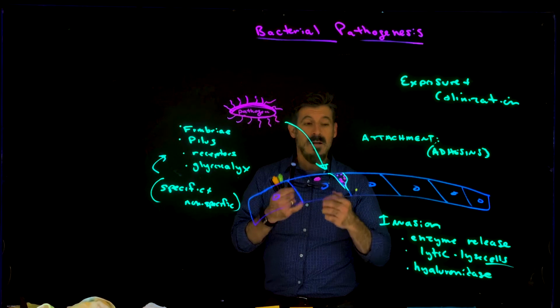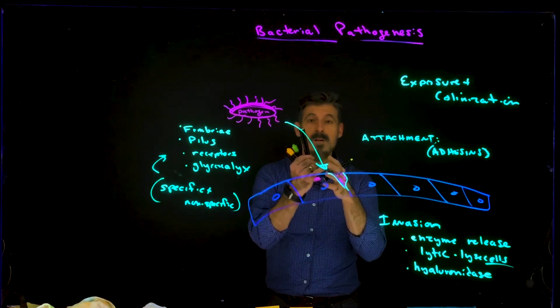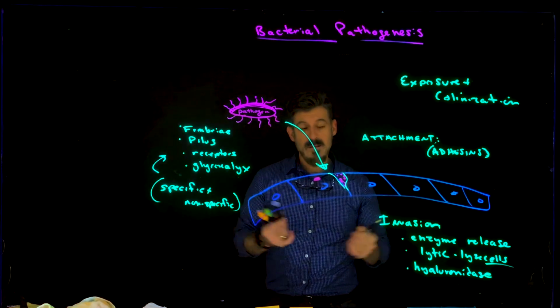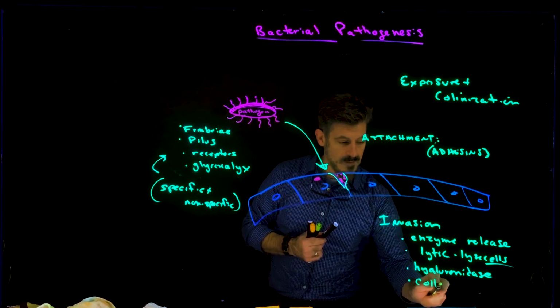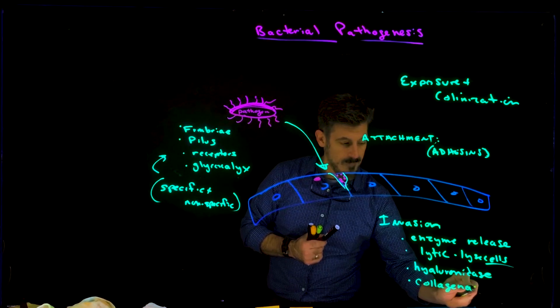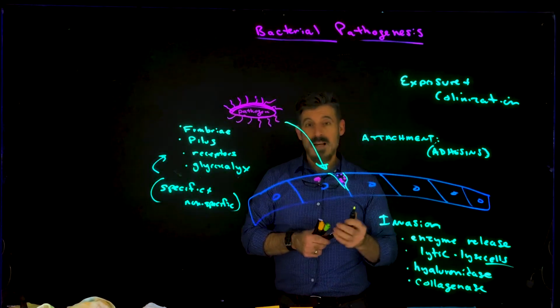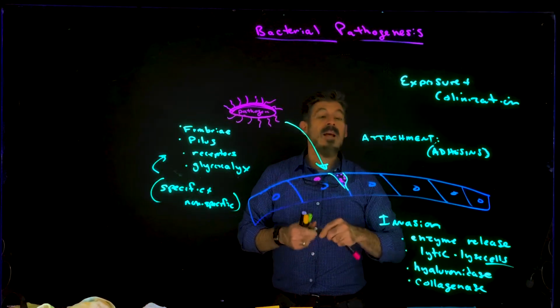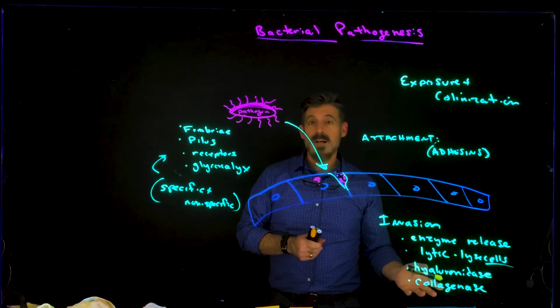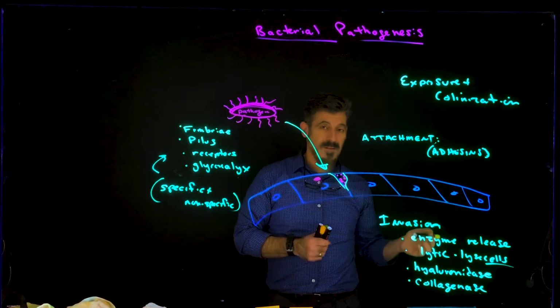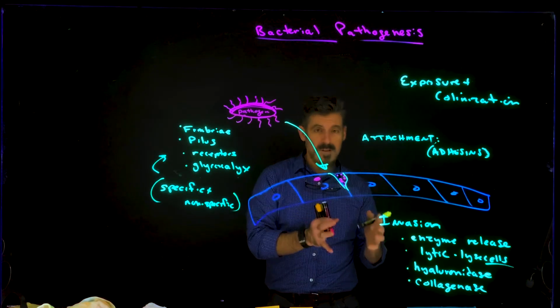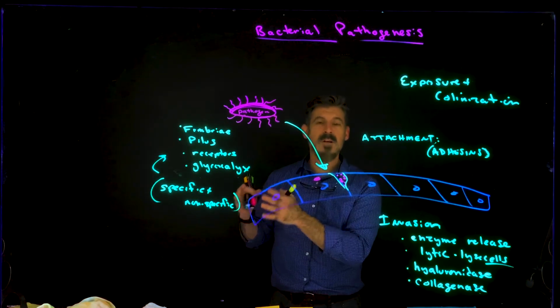It's an enzyme that causes damage to cells and allows the bacteria to spread within tissues. They have collagenase, damaging specific types of tissue, the collagen, and so forth. There's a whole number of different types of enzymes that can be released by bacteria that cause different specific types of damage to sometimes specific types of cells.